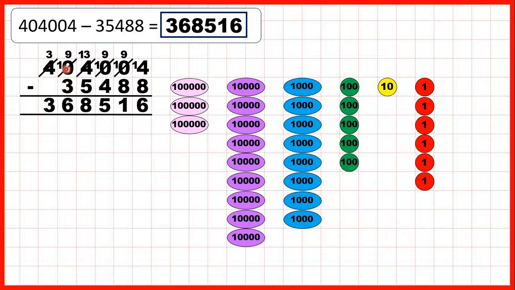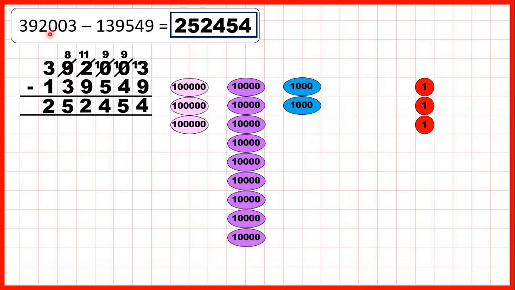So now, because we exchanged, we have 9 10,000s, and we need to take 3 away. That means that we have a 6 as the 10,000s digit of our answer, and we weren't subtracting any 100,000s, so we still have 3 100,000s.